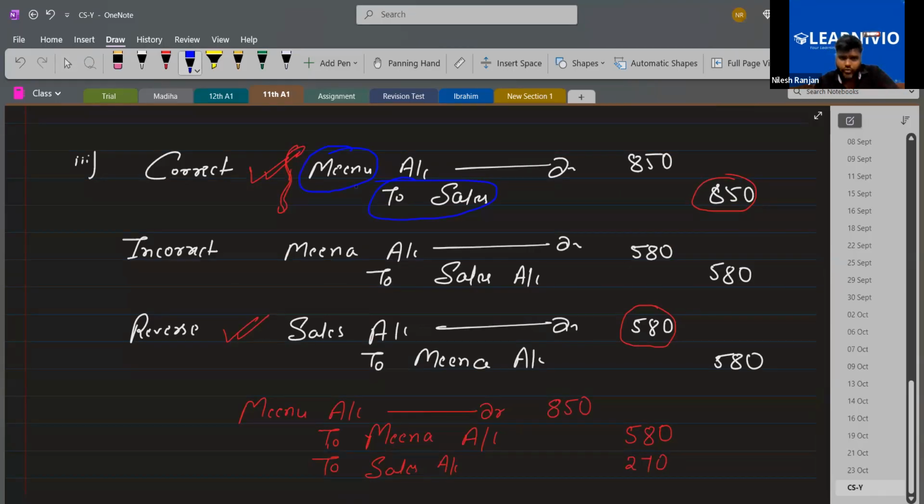No, sir. Okay, so I have written this correct one as it is. You can see Meenu account debit to sales account. I've written the same entry. I'm not talking about amount here, but only about the entry. So I have written the correct one as it is.